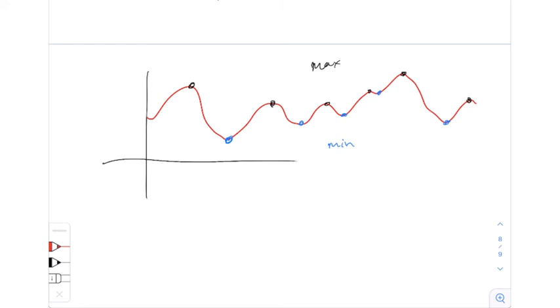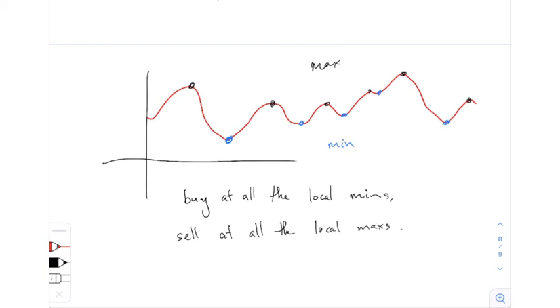So really, if you think about it, we want to buy at all the local minimum points, and we sell at all the local maximum points, right? That way you make money both ways, right?